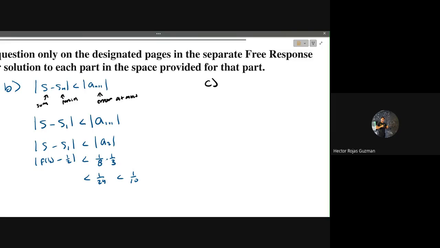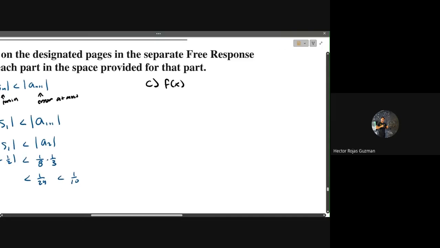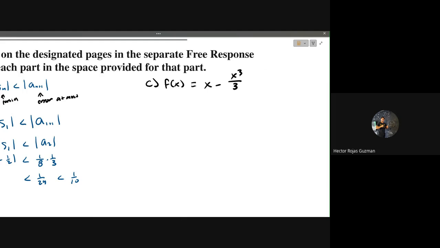Write the first 4 non-zero terms of the derivative and the general term. Okay, this one is easy because all you got to do is take a derivative. I'll just write it that way you can see it. f of x equals x minus x to the power of 3/3 plus x to the power of 5/5 minus x to the 7/7.